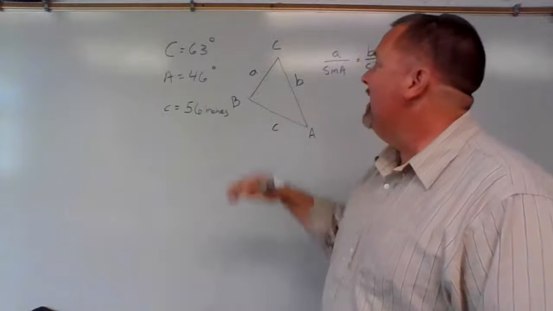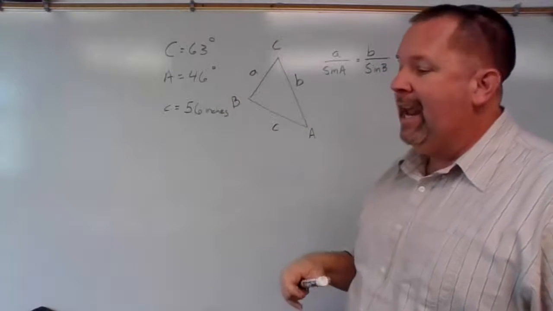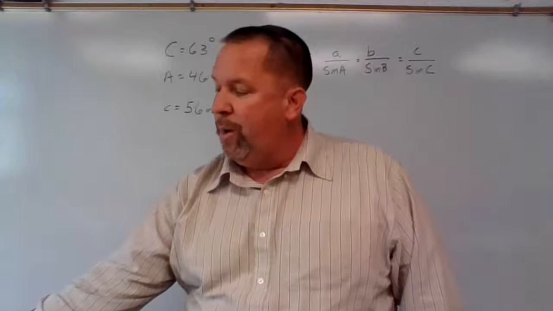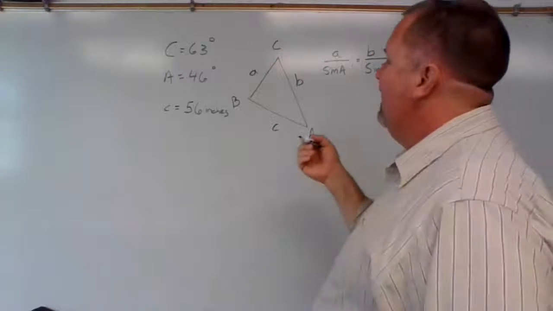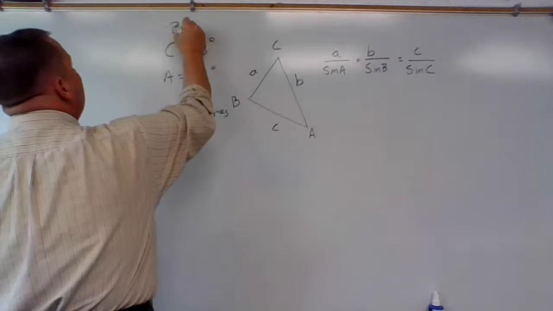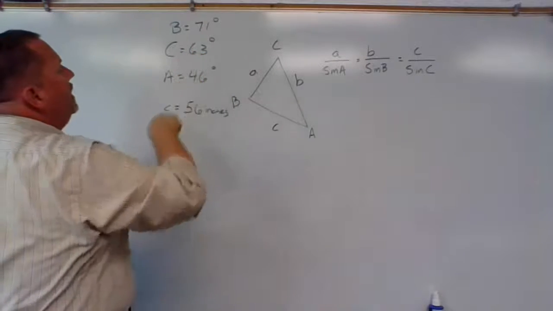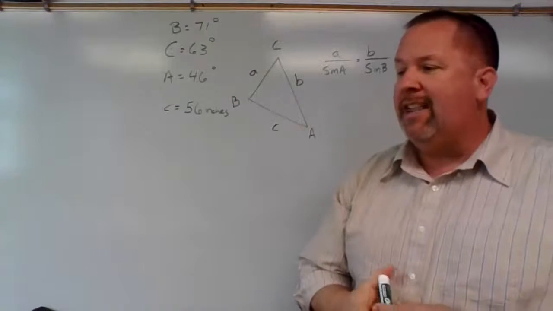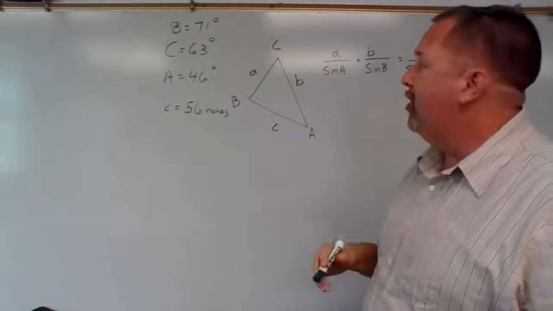So we can easily add these two angles up and subtract from 180 to find the measure of angle B. You can do the math on your own, but angle B is 71 degrees, because 71 plus 63 plus 46 has to add up to 180. So add the two angles that you know, subtract that number from 180, and you know the third angle.